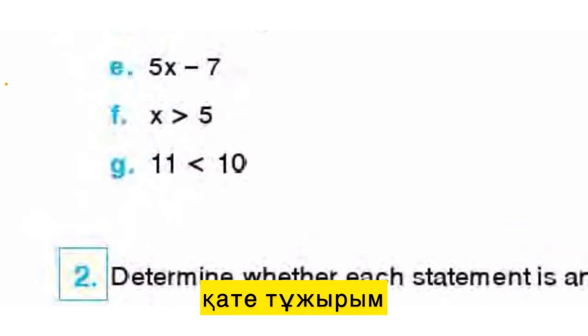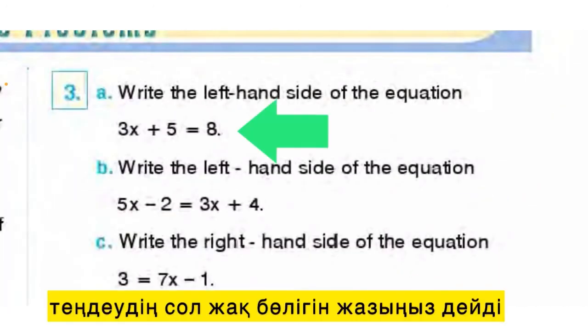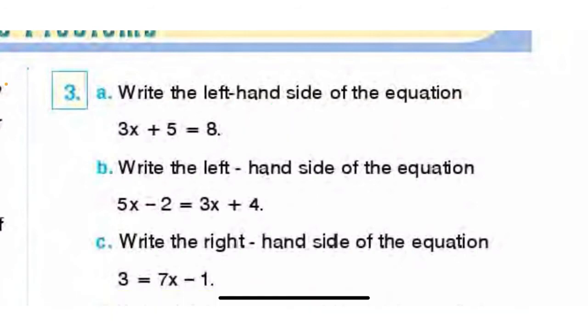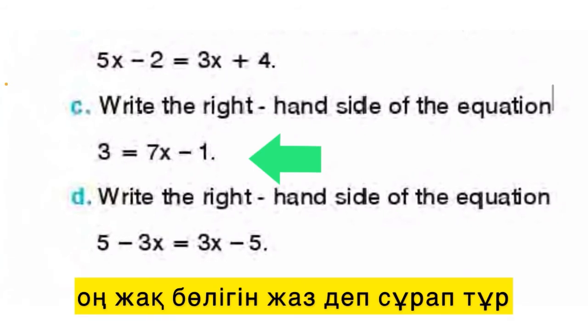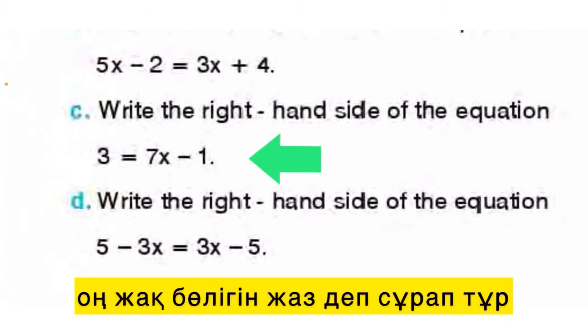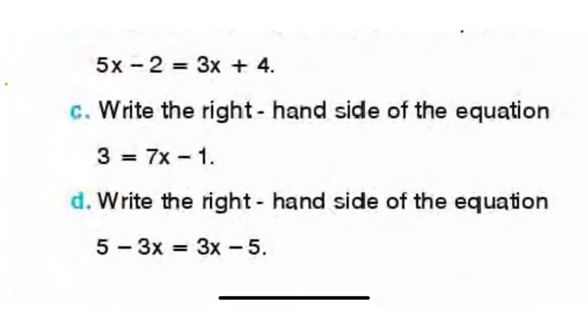False statement. Write the left-hand side of the equation. 3x plus 5 equals 8. The left-hand side of the equation is 3x plus 5. Write the right-hand side of the equation. 3 equals 7x minus 1. The right-hand side of this equation is 7x minus 1.